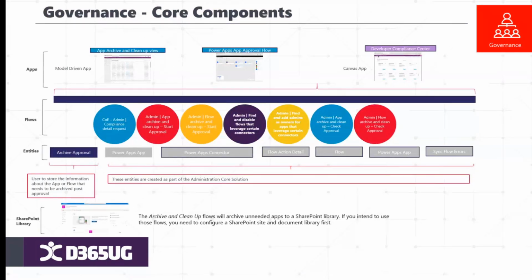So we've done the administration part. Now we're looking at the governance aspect. In the governance aspect, you again have a couple of flows that are available. You have the apps, as you can see on the top. You have an approval flow specifically.